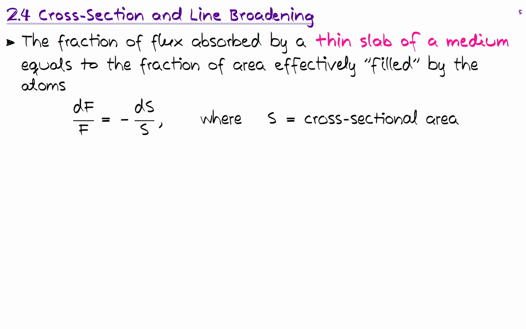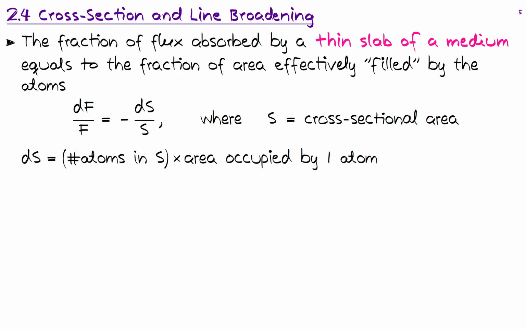S is the cross-sectional area, and then ds is essentially the number of atoms in this cross-sectional area times the area occupied by one atom. So this is basically how we define this. We have how many atoms we have in this cross-sectional area of interest, and then what is the area that is occupied by one atom. So that's how we calculate things.